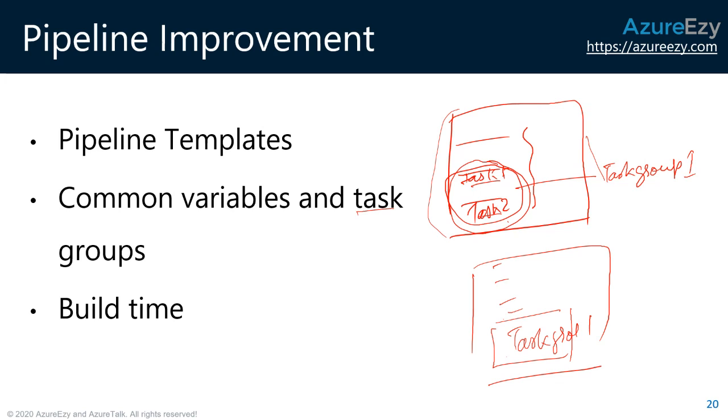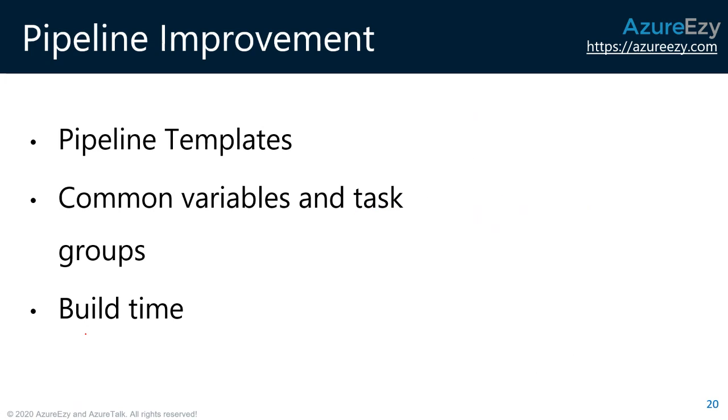Now the next thing is build time, which is a very important aspect when you analyze your builds. When certain types of builds are happening again and again, your build infrastructure, which has your compute, maybe your private agent that is a virtual machine in Azure, you might want to save some time there.